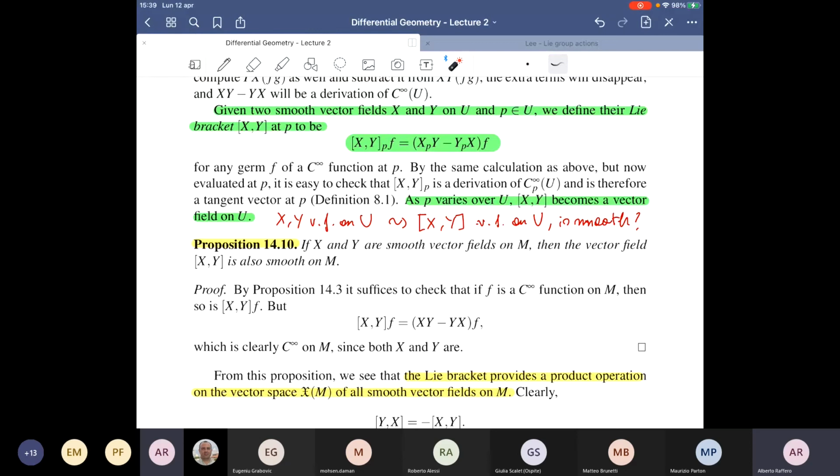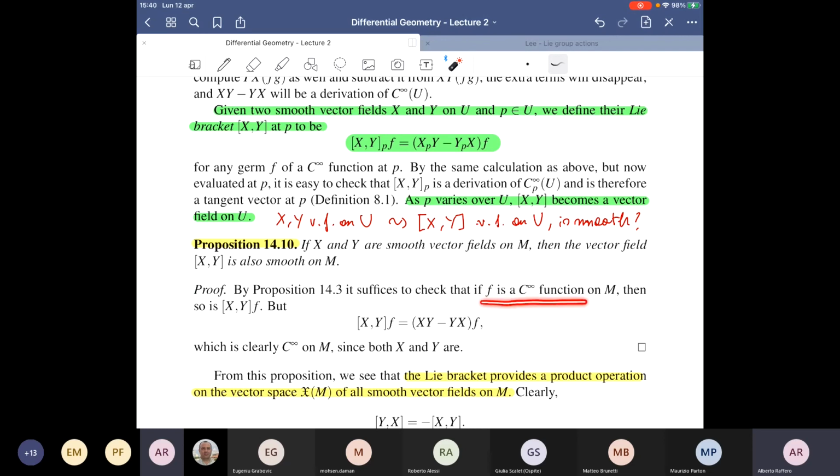How to show this? Well, if you remember, last time you saw that a section of the tangent bundle is a smooth vector field if and only if, when applied to any smooth function, it gives you a smooth function. And this is exactly what you apply here to obtain the result.